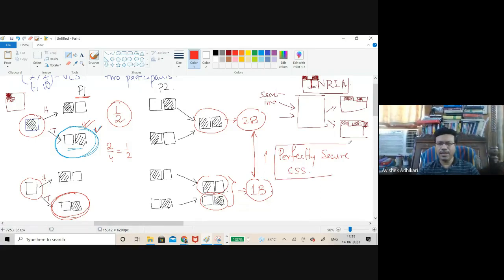And this scheme was also invented by Naor and Shamir in 1994. That is known as visual cryptography, and they have given this 2-2 scheme. Is the 2-2 scheme clear to all of you?